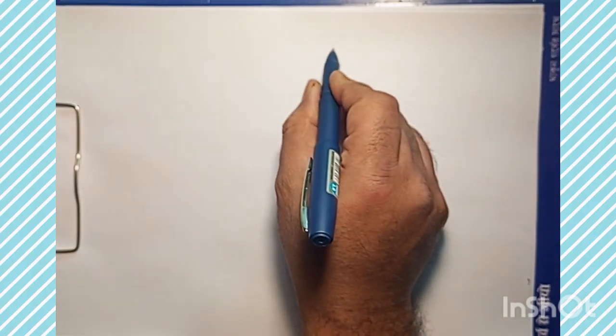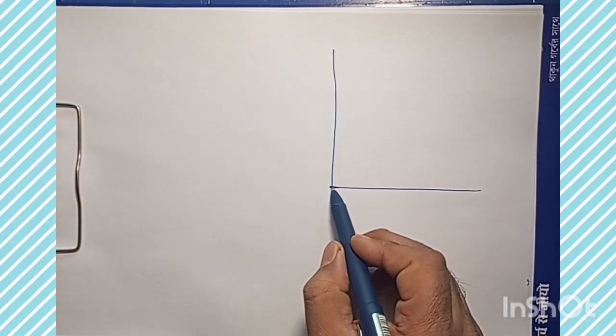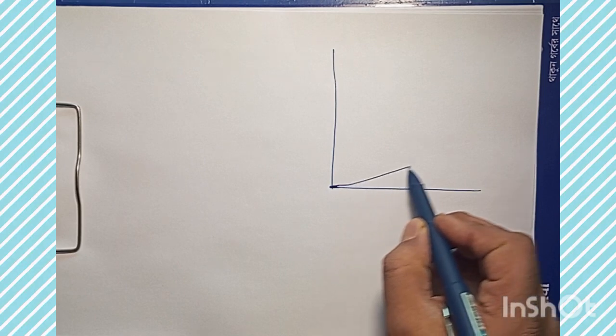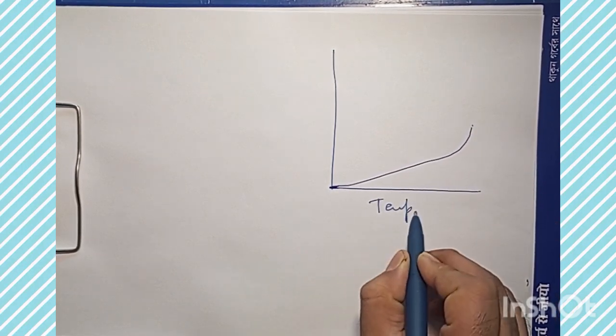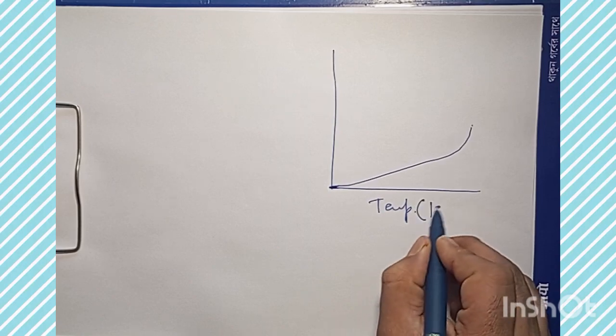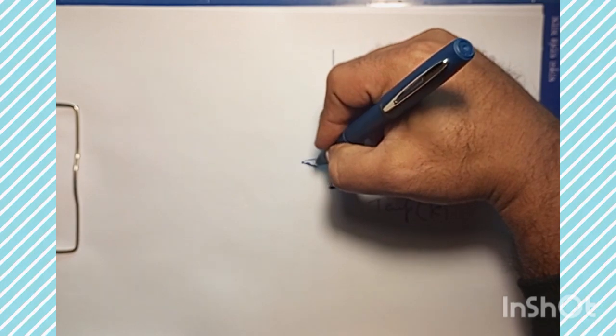And if I have to roughly indicate the behavior of specific heats, this is my temperature in Kelvin, and this is my atomic heat.